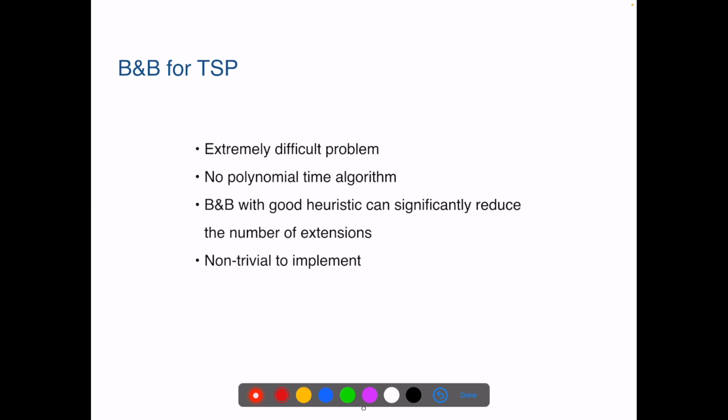In the example we showed in the slide, we only have 4 cities, so you might not really see the power of branch and bound. But when you have a large number of cities, hundreds or even thousands, you will see branch and bound will be able to eliminate a substantial portion of partial solutions without extending them to complete solutions.